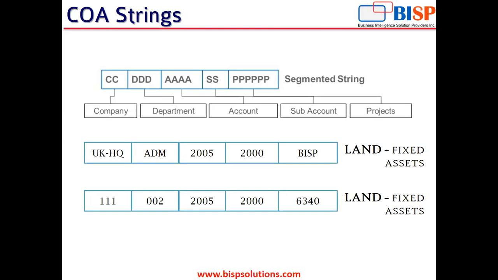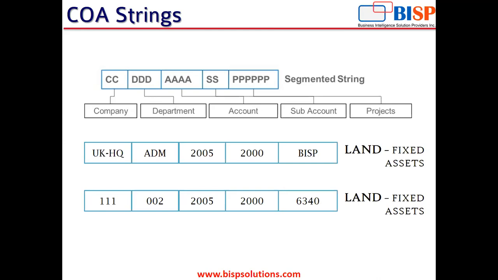These contain the company, the department, ADM, that is administration, the natural account number 2005, and the sub account, say a sub account of immovable property, where the immovable account number is 2000, and the project or cost center, anything you would like to put there. The next segment is BISP.